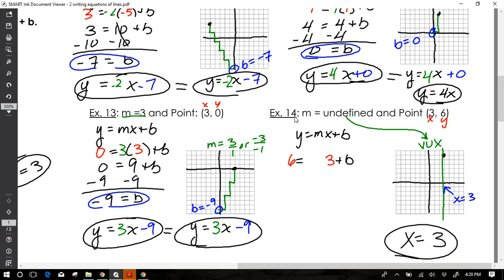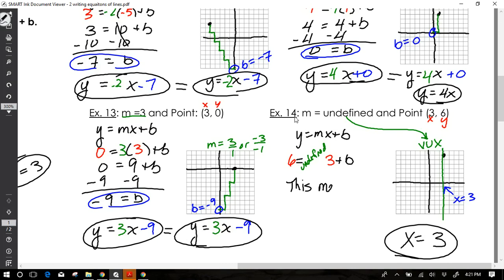And now I need to plug in my slope, which is undefined. Okay, undefined slope, which really means that I cannot do this method at all. It just isn't going to work for me, which is why I wanted us to do it together.